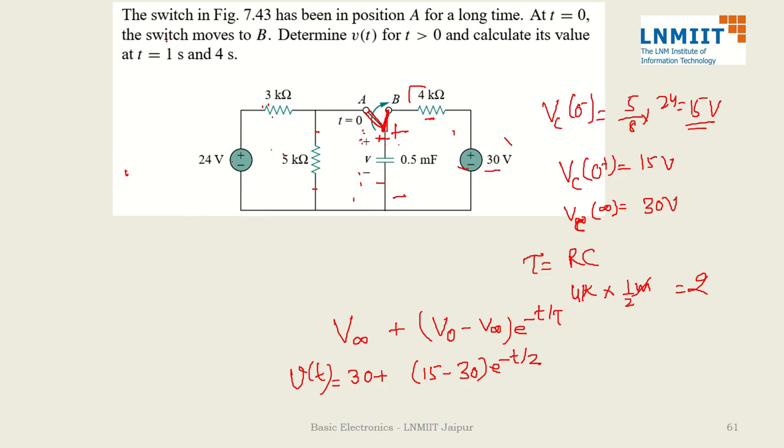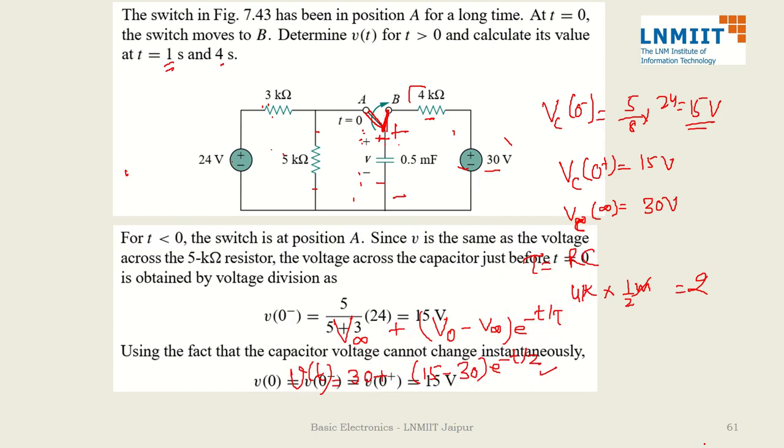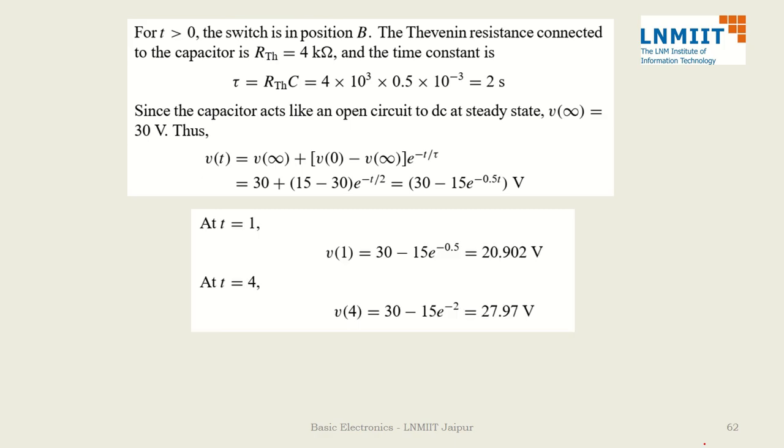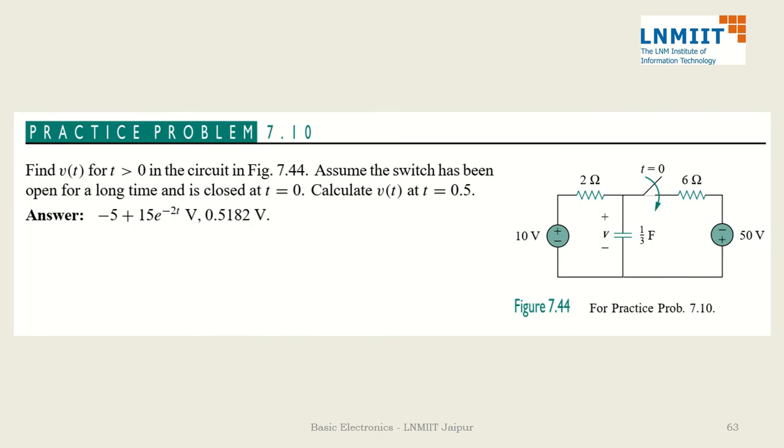Now I can ask, if I put t equal to 1 in this equation, or t equal to 4, what are the values? So we get this expression of Vt. Once I have the expression, I can put t equal to 1 or t equal to 4 and we get our answers.